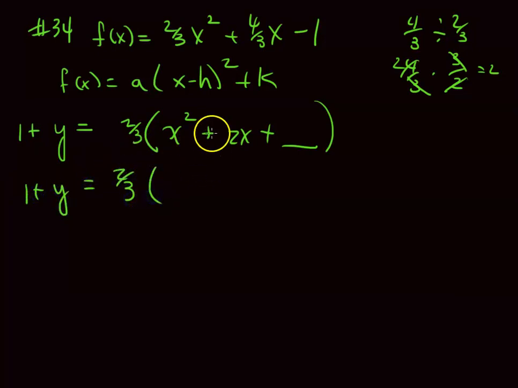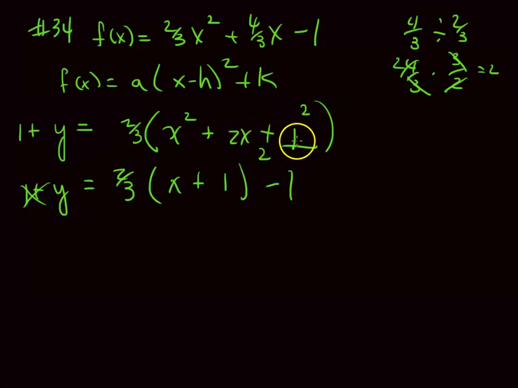2/3 is my a. Here I have to take half the coefficient of the middle term and square it. So this is really x plus 1 quantity squared. I'm going to put this 1 back here, minus 1. Oh, I'm sorry.